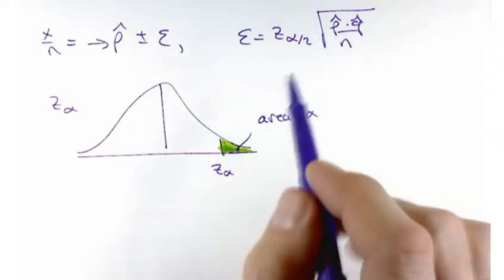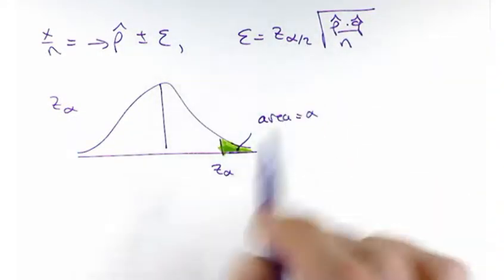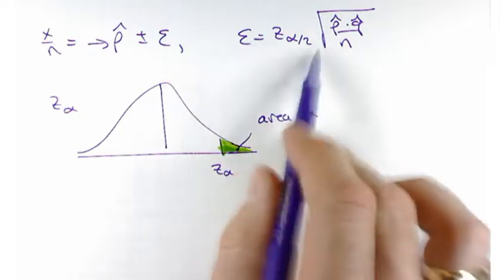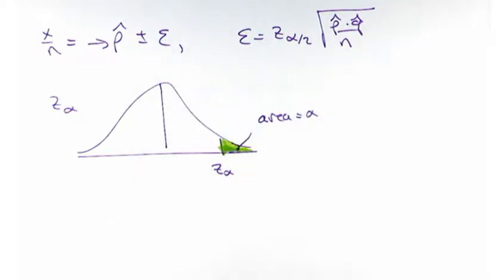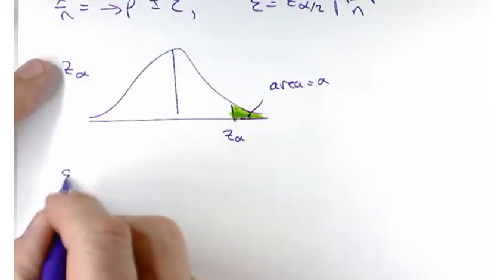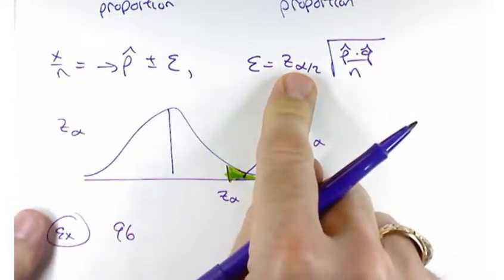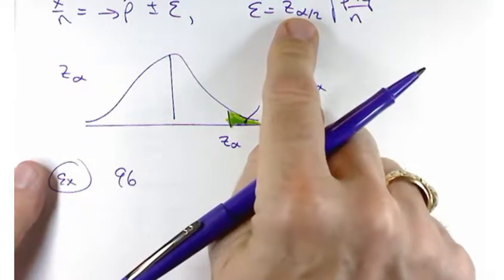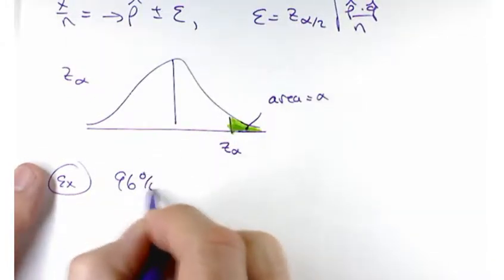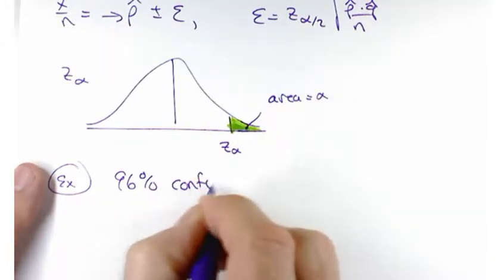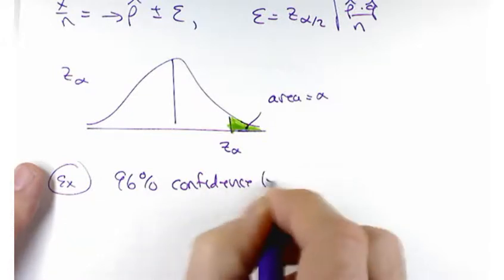Now, what you're doing with this alpha over 2 is really making that area even smaller. It's still an area in the right tail. It's just that you're dividing that area by 2. For example, suppose you wanted to find this term for a 96% confidence level.